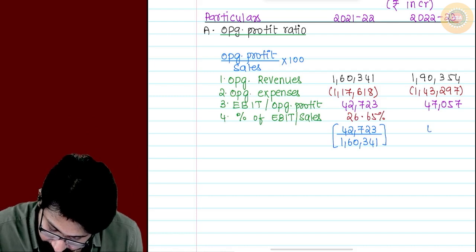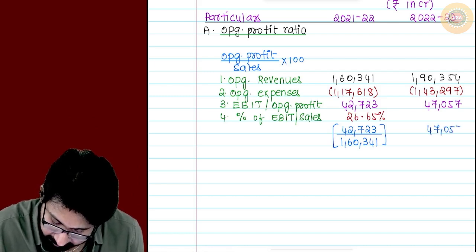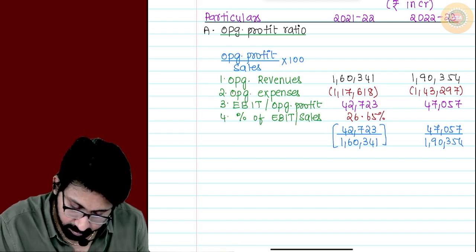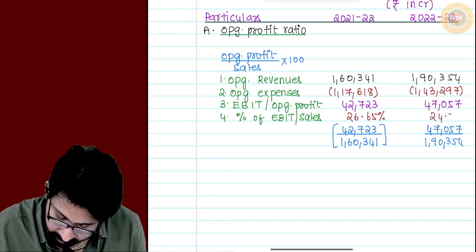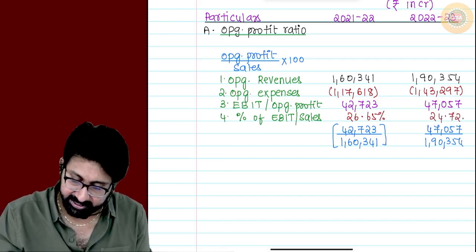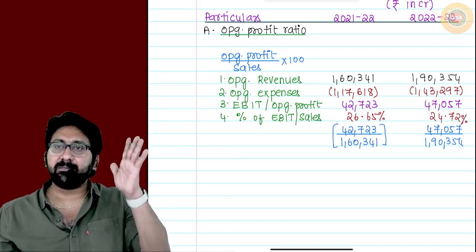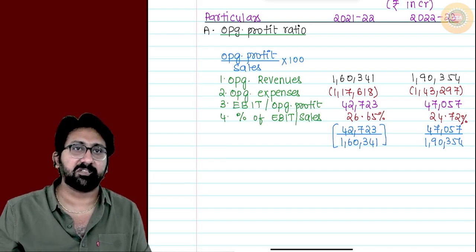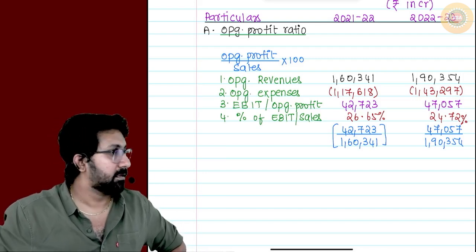Likewise, 47,057 divided by 1,90,354, that is 24.72. So therefore this is a classic example to tell, don't judge on the basis of numbers, judge on the basis of percentages.